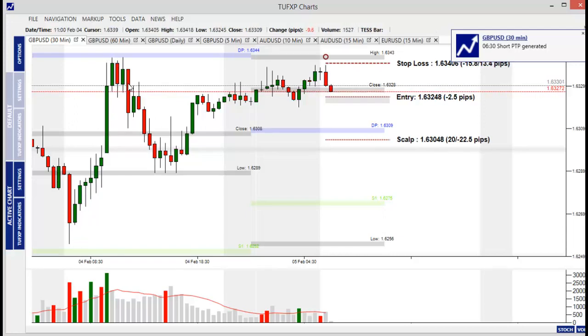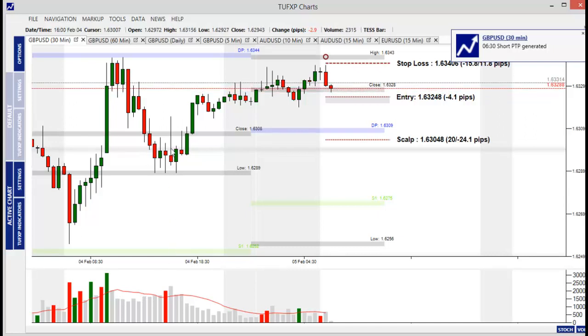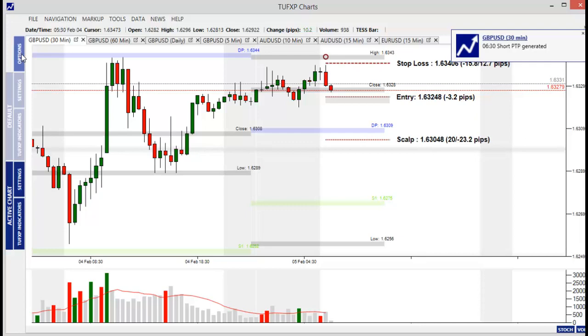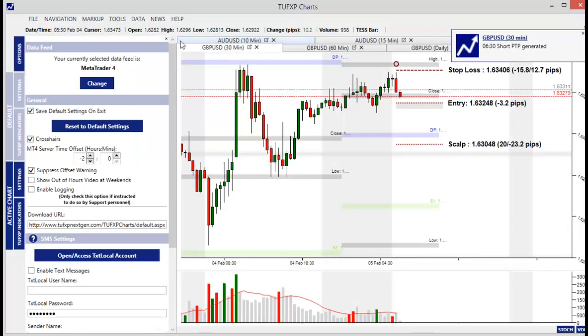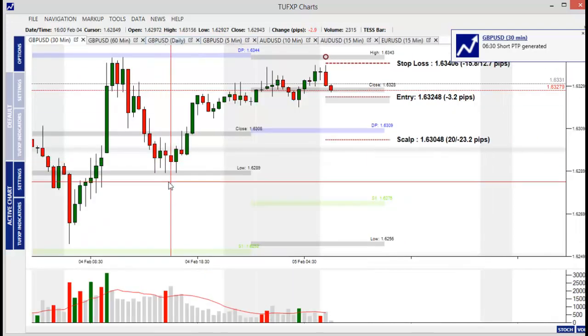It trades up to the DP level, and then we see the market move lower on low volume. There's a bit of selling around in the early afternoon at the psychological level of 163. The market then tests after this as well. Let me just put the crosshairs on for a second. I just wanted to have a look at this big spike in volume here. This one is off the news.